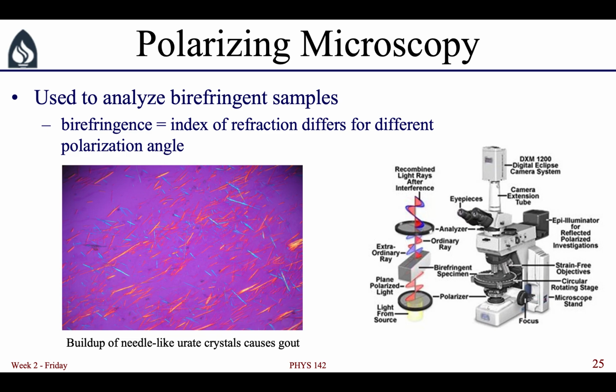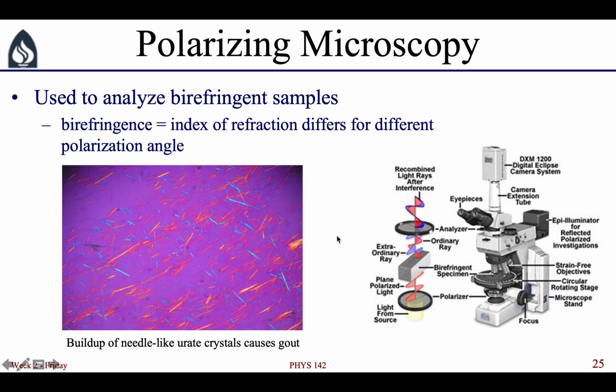Polarizing microscopy is useful for some applications involving birefringent materials. With birefringence, the index of refraction differs for differing polarization angles. So if you have a birefringent material and you use polarized light to examine that material, then you can get features showing up that would not be visible otherwise.